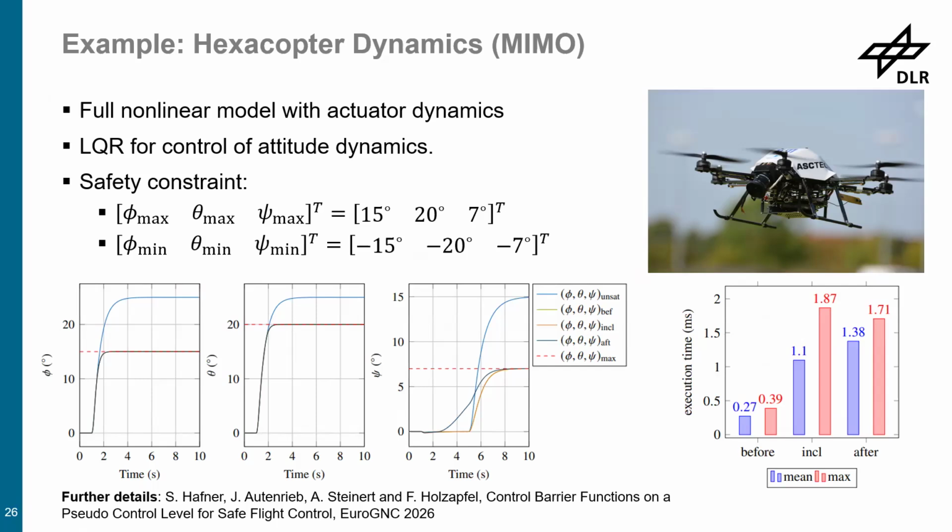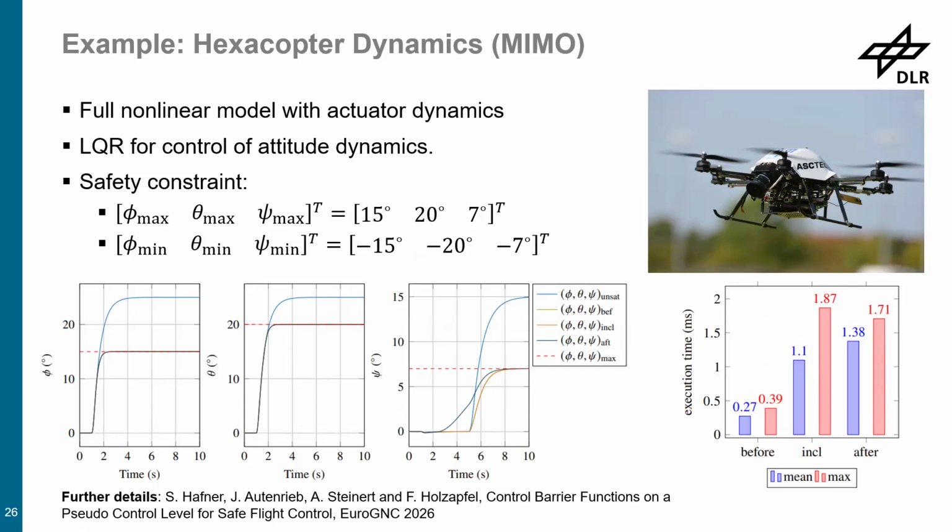This is the integrated one, where you have both of them together in one optimization. And this is the one where you do the safety filter after the control allocation, right? And as you can see, by just placing the filter before or after, you drastically reduce the computation time. So this is quite good.